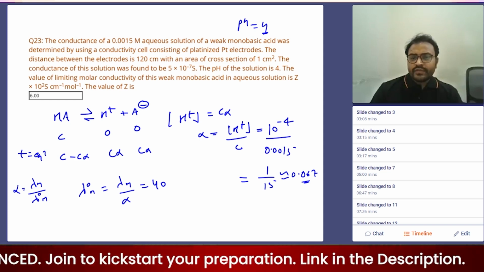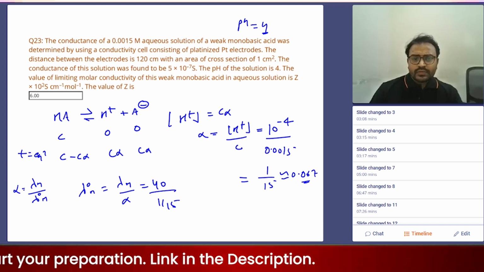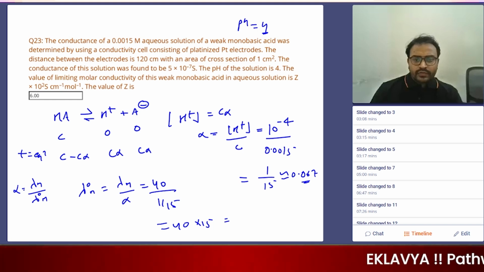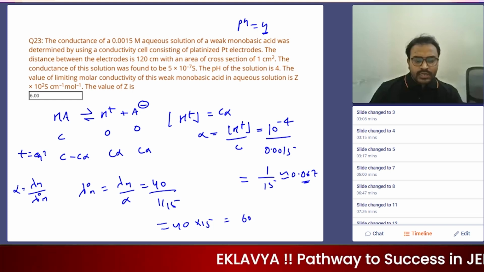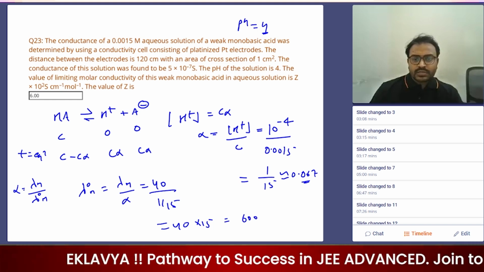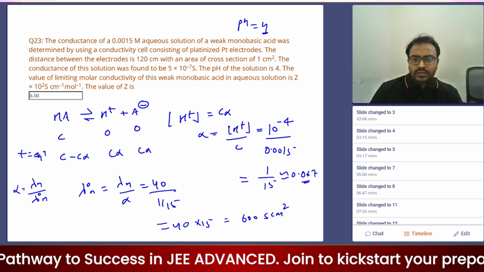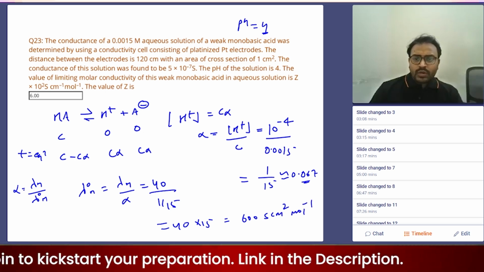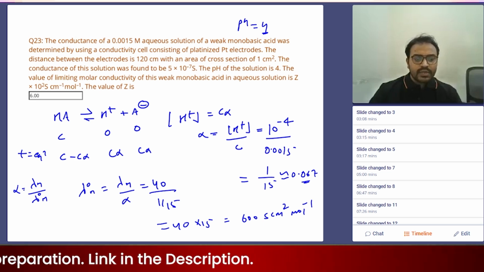Alpha is 1/15. So if you put 1/15 here, it becomes 40 into 15. So that is again 600 S cm² mol⁻¹. This is the value of lambda naught m.